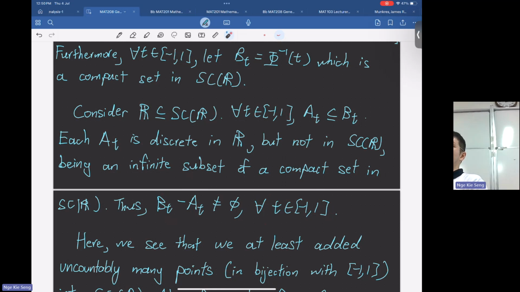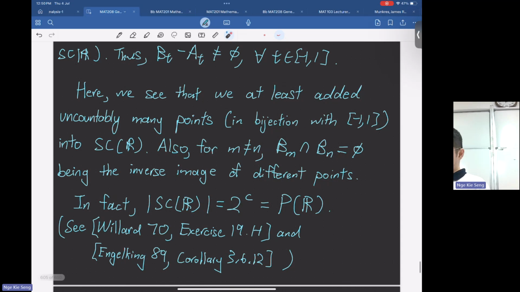At least. So actually, how big is this compactification of 0,1? Actually, you can prove that it is 2 to the power c, meaning it is as big as the power set of R.